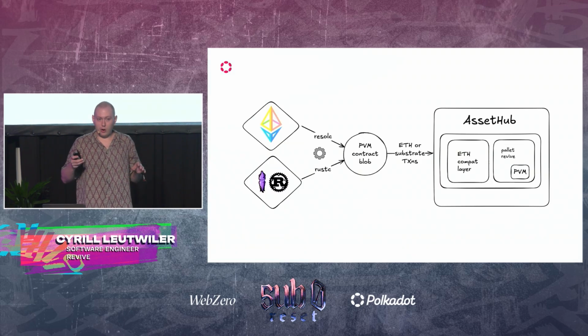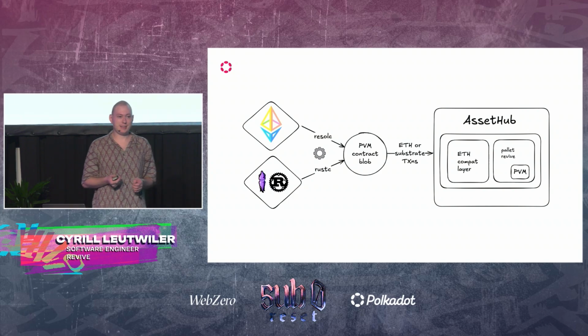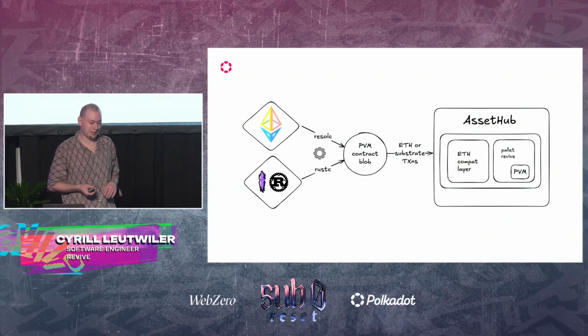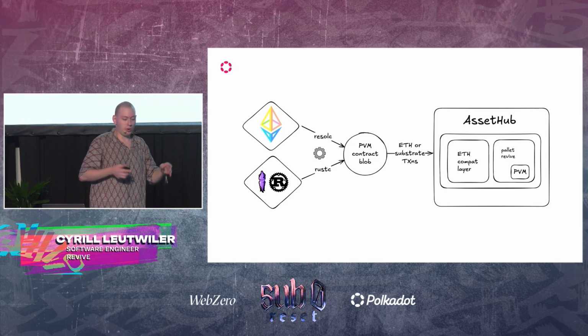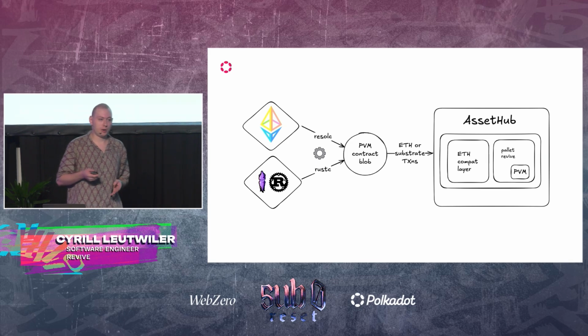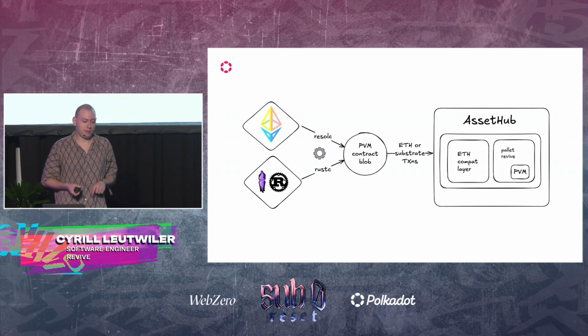And contracts on Polkadot look more or less like this. It's a simplification, but on the left, you have your contract code. It can be Solidity, it can be Rust, it can in principle be anything that compiles to RISC-V.